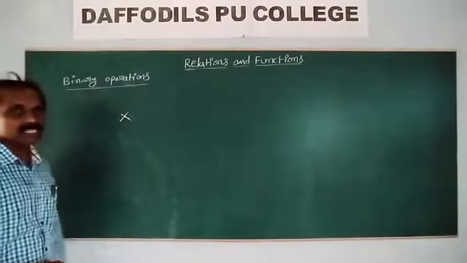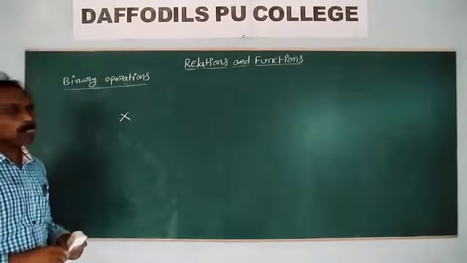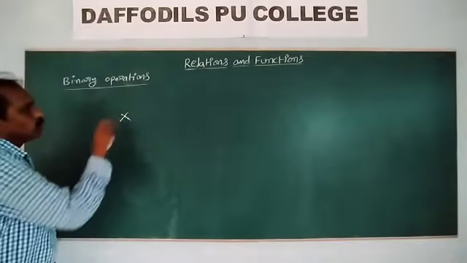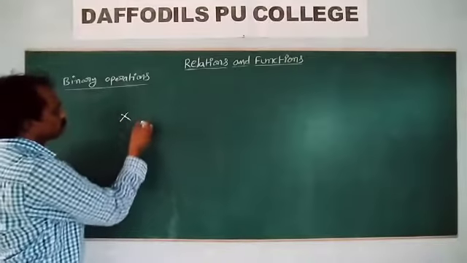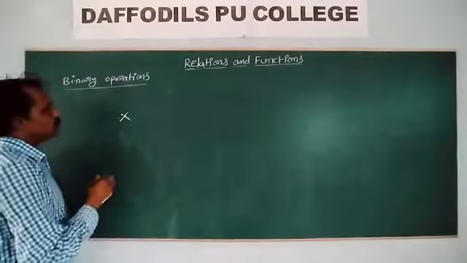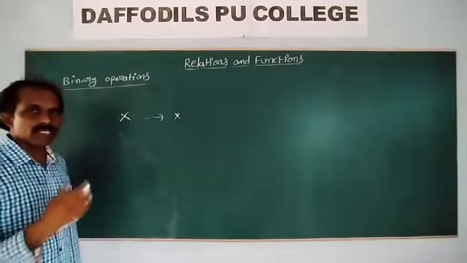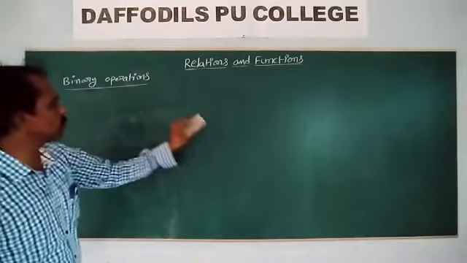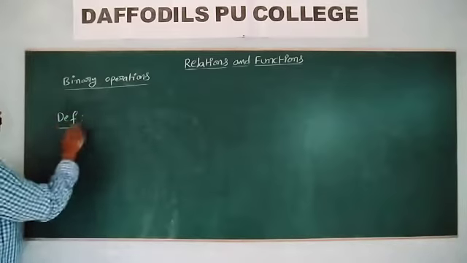Suppose the set has some numbers. The binary operation, either addition or subtraction, associates a number to another set X. Simply from this we derive the definition of binary operation.